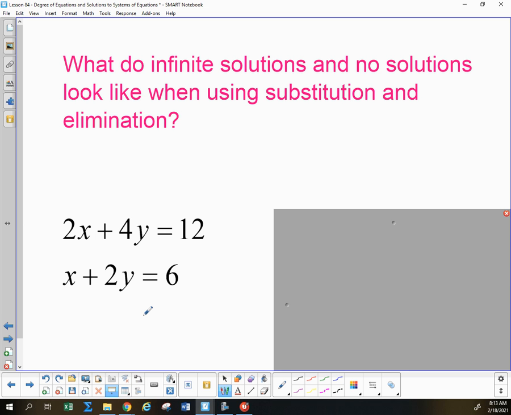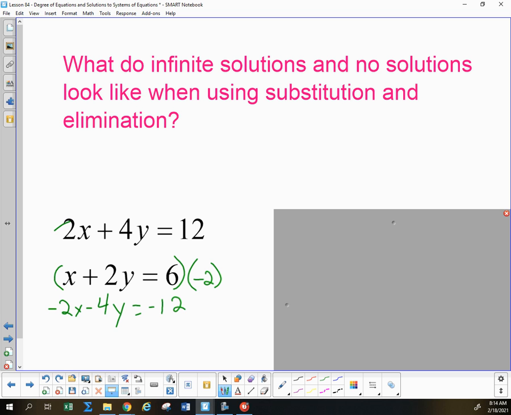So if I took this first system, and let me do this one maybe by elimination, looks pretty easy. If I multiply this second equation by -2, I get minus 2x minus 4y equals minus 12. Check my work, is that correct? I didn't drop any minus signs or anything, right?